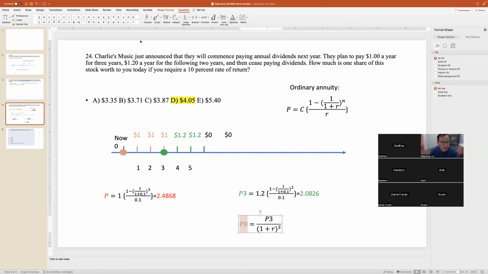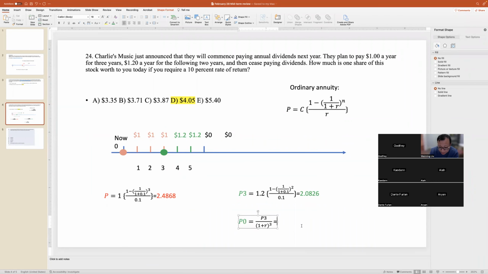Again, this is a green color. So that equals P3, we calculate 2.082826 divided by 1.1 to the power 3. Tell me what's your answer? What I got here is 1.5647. So that's why it's P0.